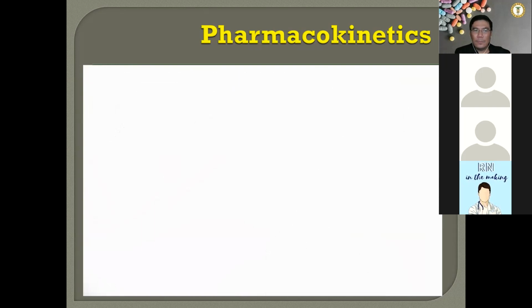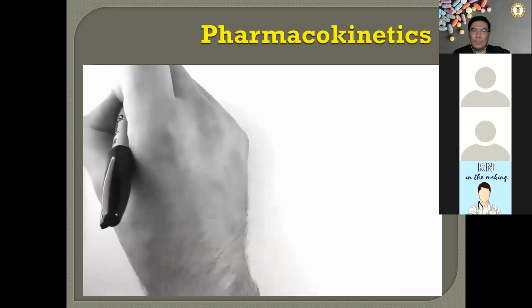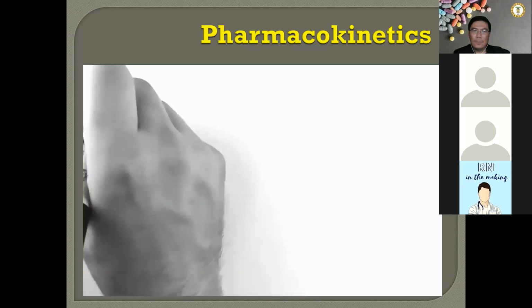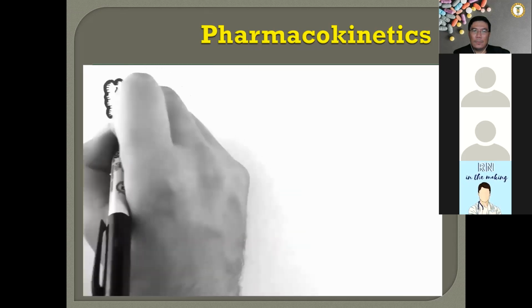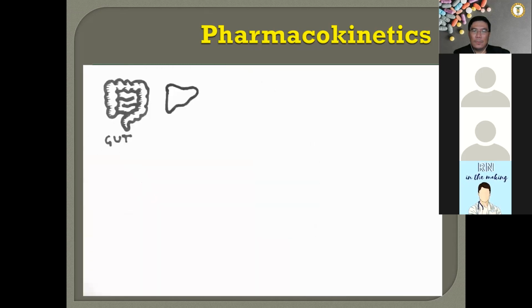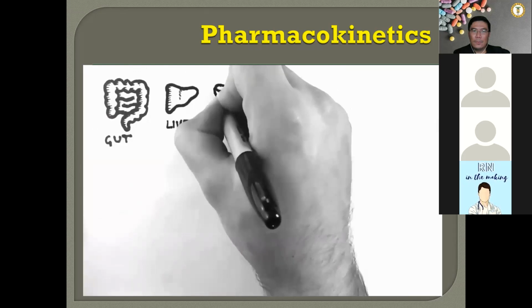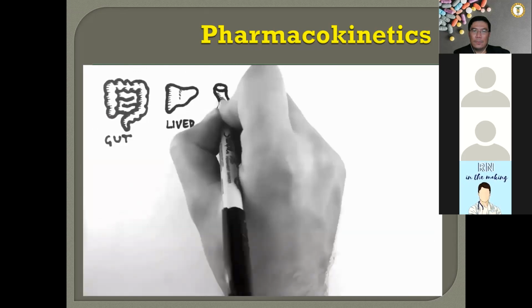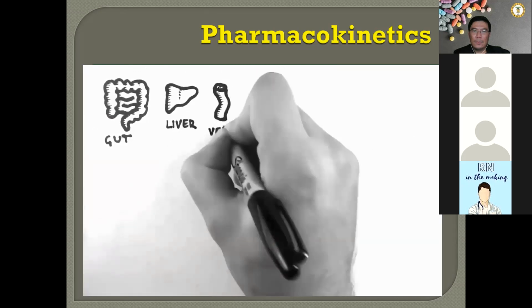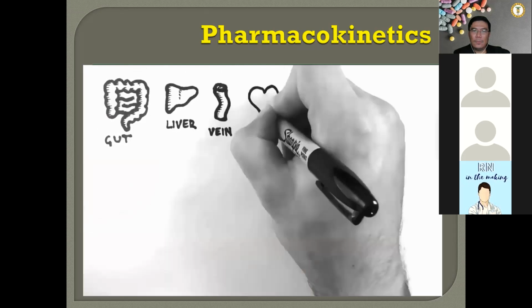So I'm going to begin by drawing a very simplified body plan. And this body plan follows the flow of blood from the digestive system to the arterial circulation. So let's see how this happens. Blood flows from the gut to the liver via the hepatic portal system. Blood then flows from the liver back through the venous circulation and into the right side of the heart.